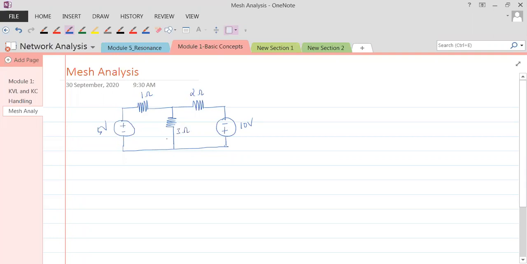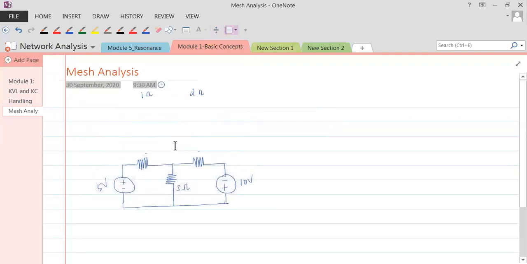Fine. Now understand this. Earlier we had marked. Let me take this again. Everybody understand this? Let me do this again.